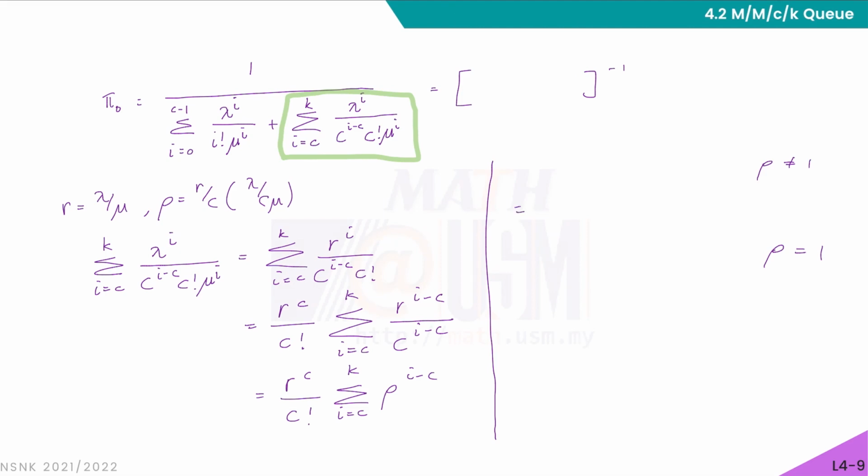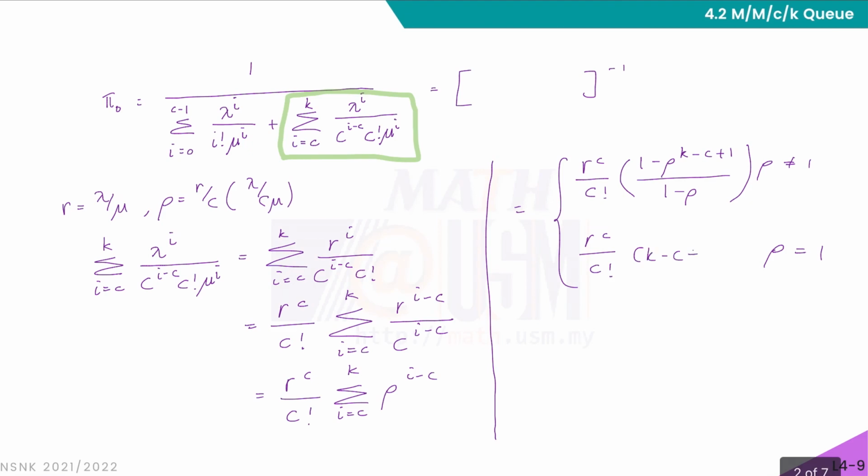This summation here can be simplified to R to the power of C over C factorial times 1 minus rho to the power of K minus C plus 1 over 1 minus rho for the case of rho not equal to 1. And for rho equal to 1 you will get R to the power of C over C factorial times K minus C plus 1.